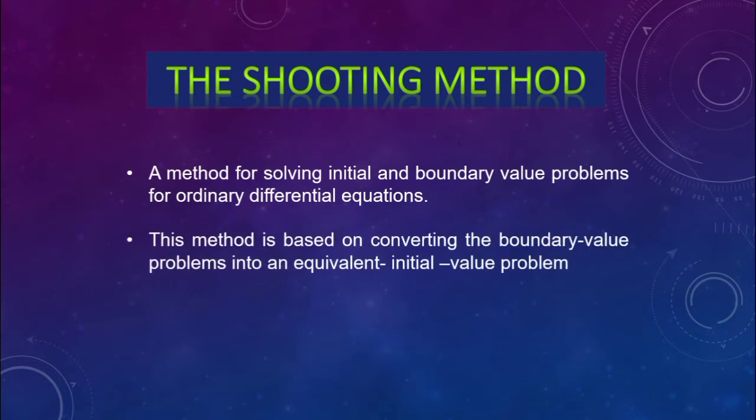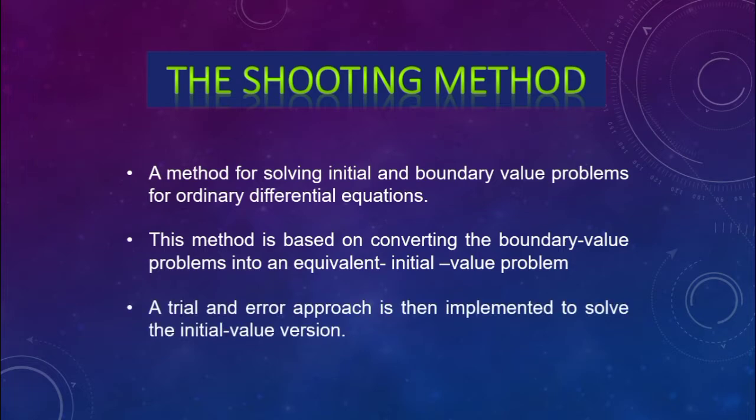So, this method is based on converting the boundary value problem into an equivalent initial value problem. A trial and error approach is then implemented to solve the initial value version. So basically, a shooting method in numerical analysis is a method for solving boundary value problems by reducing it to a system of initial value problems.